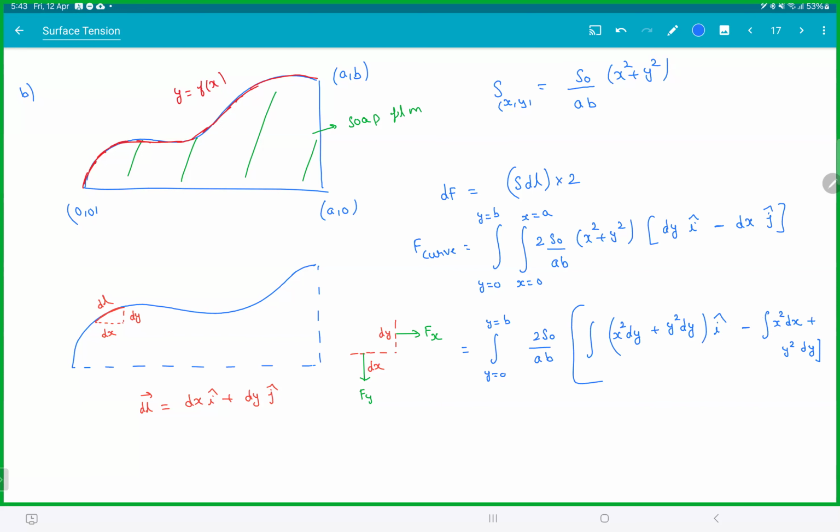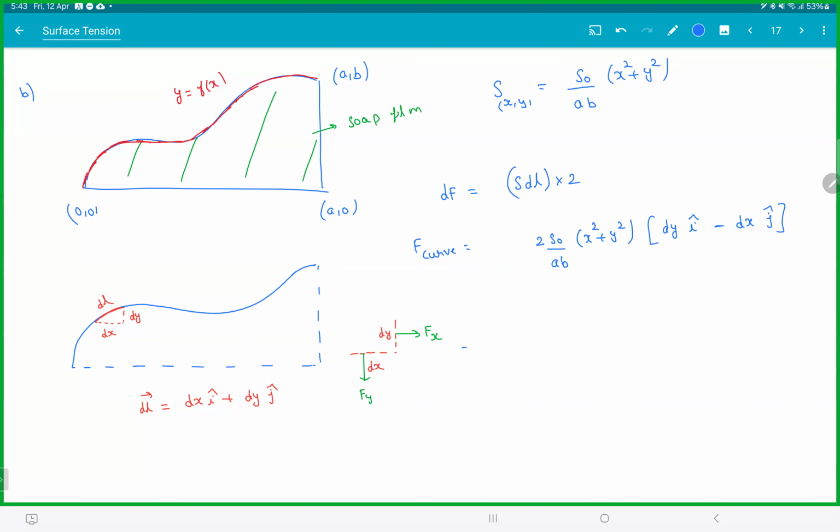Actually, I can split it up separately. Wait, I shouldn't write like this. Let me separate it out. 2 s naught ab, x square plus y square dy. This is I cap.